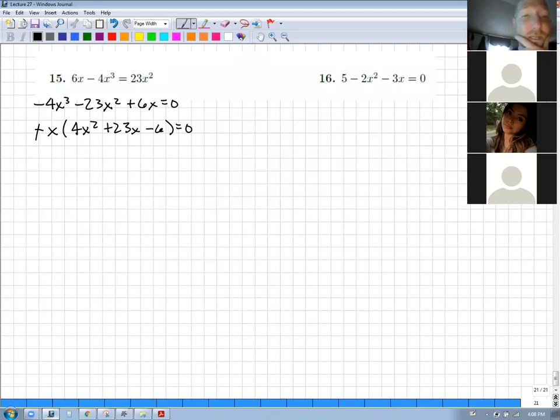So let's let a times c, it's going to be a negative 24. B is 23. So we're going to let P be 24 and Q be minus 1. So we can rewrite this guy as 4x squared, this 23x becomes 24x minus x.